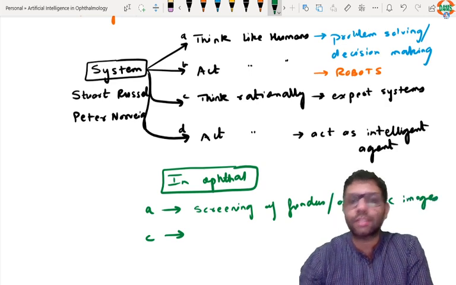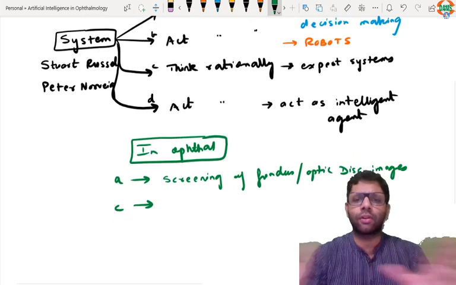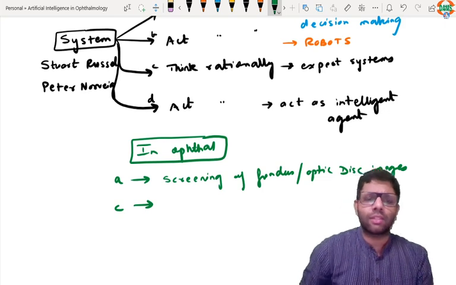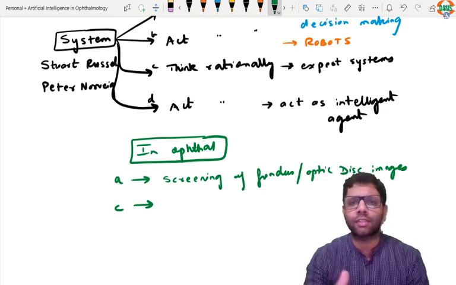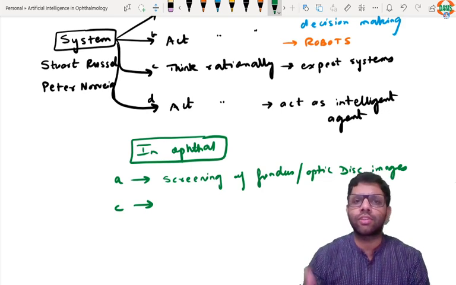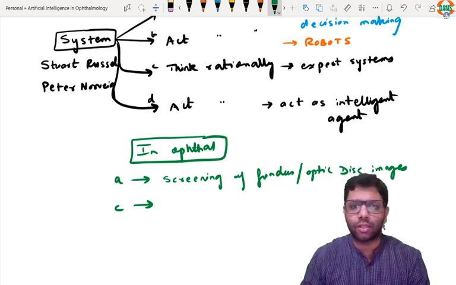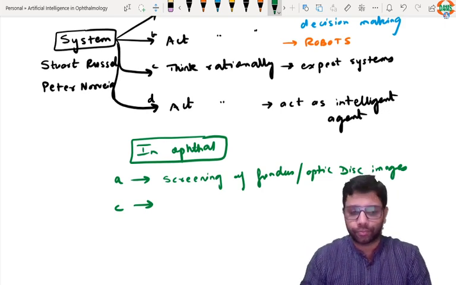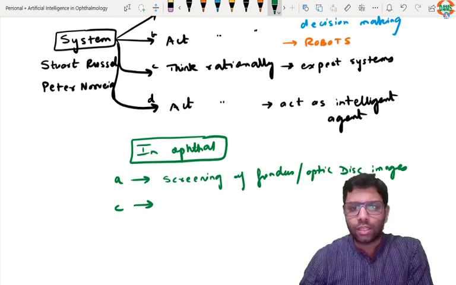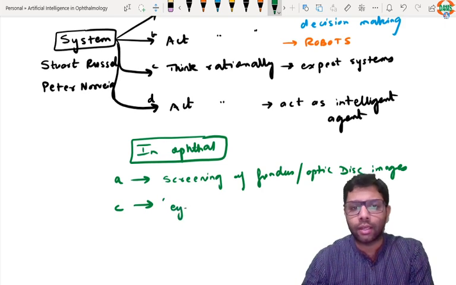The machine is provided with a load of images and the machine is thinking like humans and saying yes it is a condition or no it is not that condition, like diabetic retinopathy, like glaucoma. Now C is usually not in India, but still you can write down. It is like early eye detection.